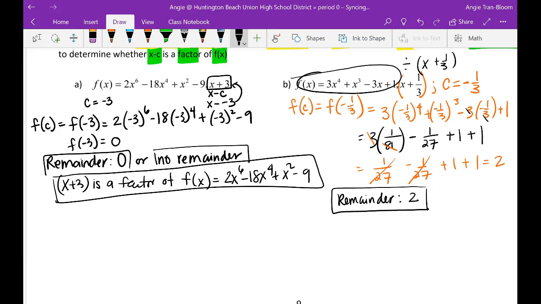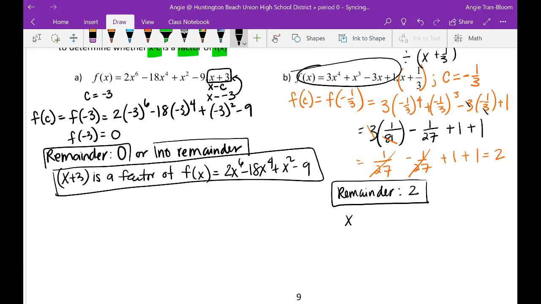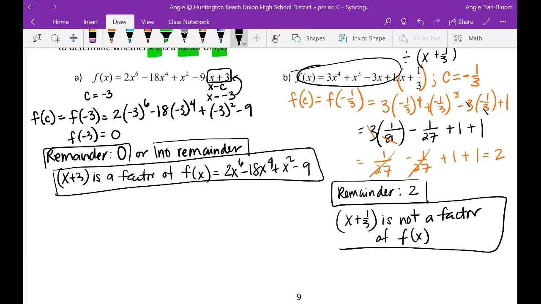With the remainder of 2, the factor theorem says x plus 1/3 is not a factor of f of x. It's only a factor of f of x if the remainder is 0.